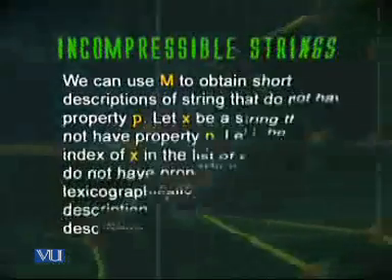Well, this is a description of a string. How do you decode this string? You apply this algorithm on I sub X. So this algorithm will go and output the I sub X string which does not have the property P. But by definition, that string is X. So M followed by I sub X is a description of X.